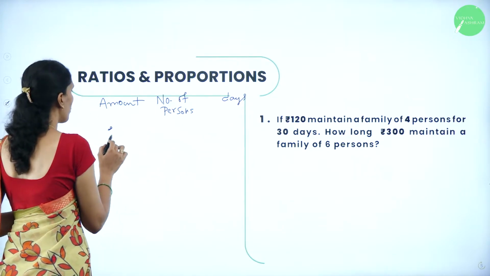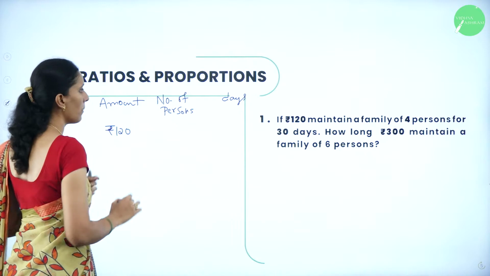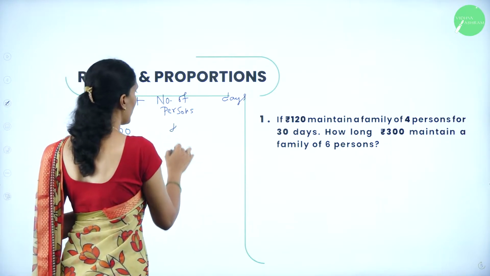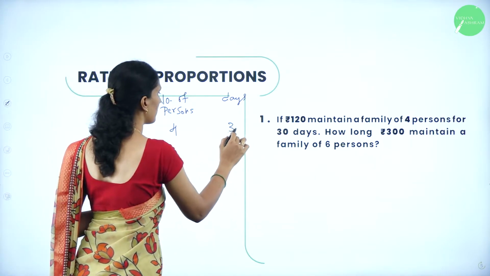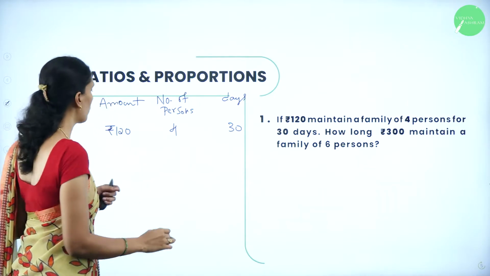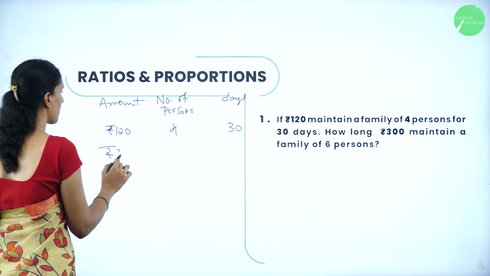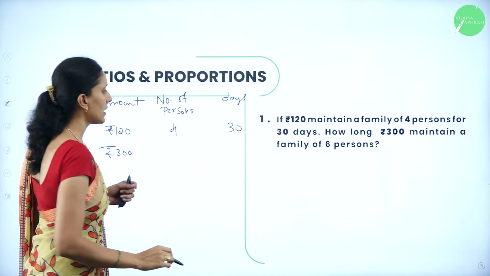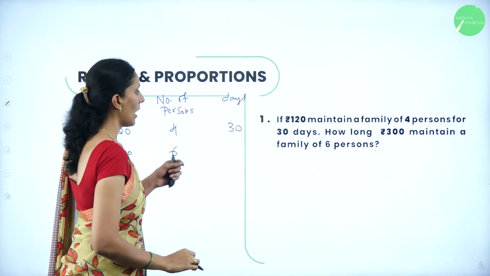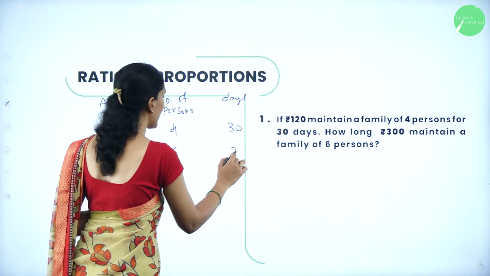First I have rupees 120, number of persons is 4 and days is 30. Next, how long rupees 300 maintain 6 persons, and number of days I'll take as X.